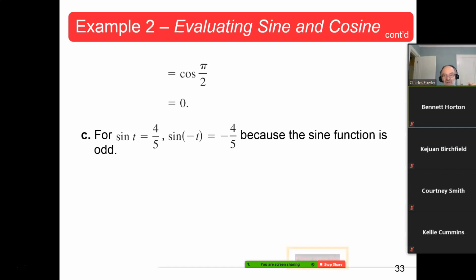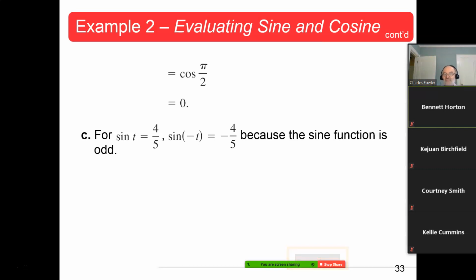Sine of t is always between plus and minus 1, because y is always between plus or minus 1. Is 4/5 between plus or minus 1? Yes, it is, so that makes sense. If they had said sine t equals 5/4, hang it up. Not going to happen. Sine of t will never be greater than 1 or less than negative 1. It's always got to be between plus or minus 1.